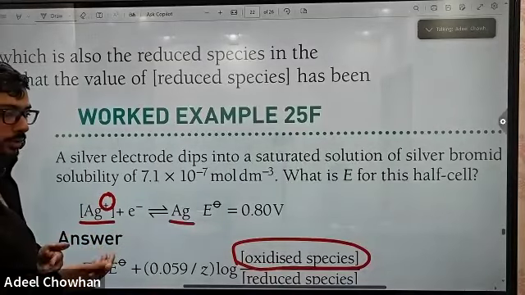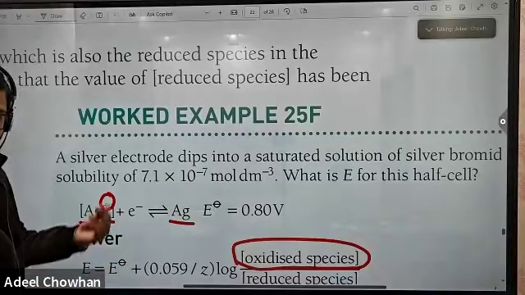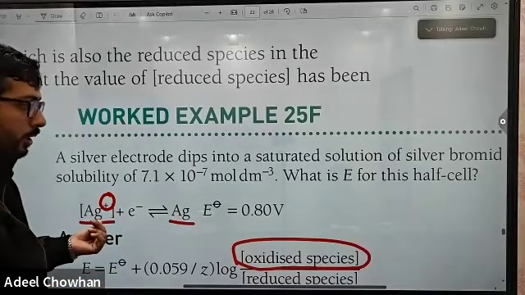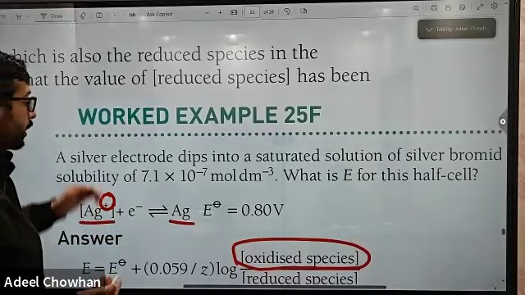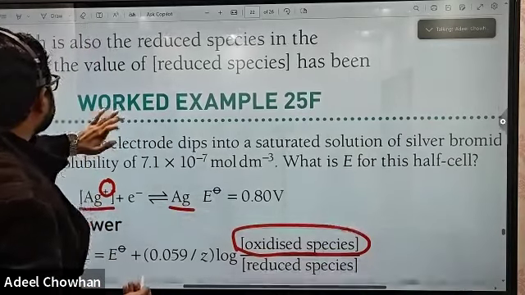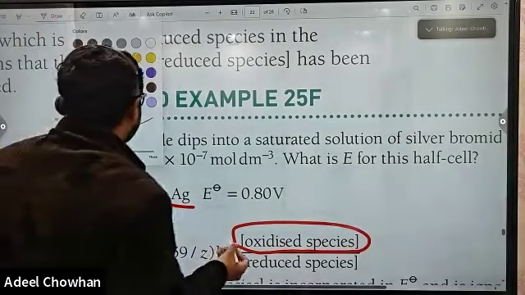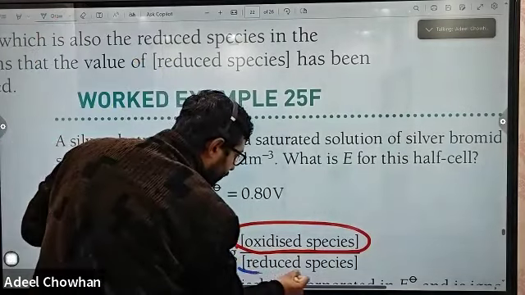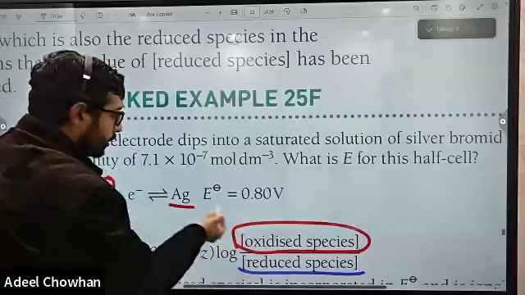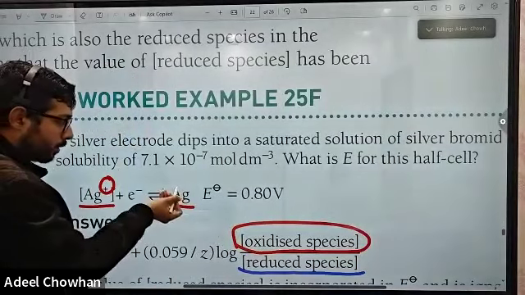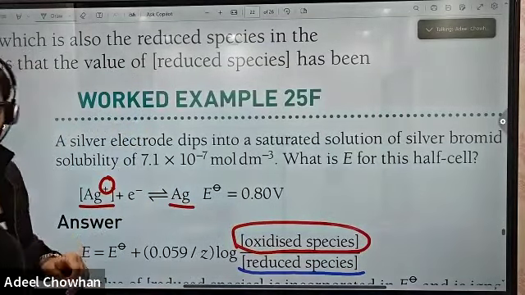We have to differentiate between the oxidized and the reduced. The one which has more positive charge on it will be the oxidized form, and the other one, the reduced species, will be the one which has less positive charge as compared to the other species. So in this reaction, what's the oxidation number on Ag?